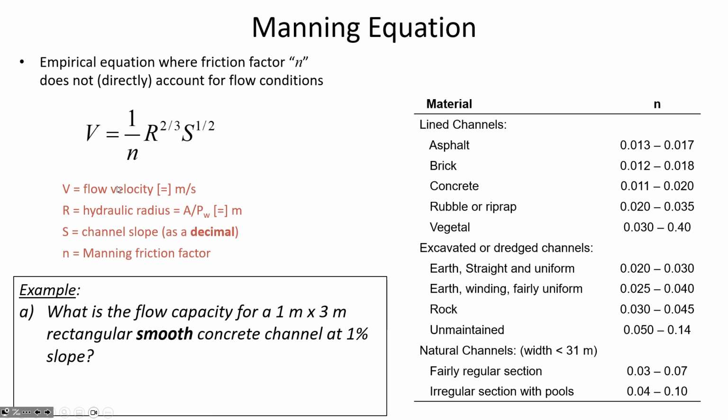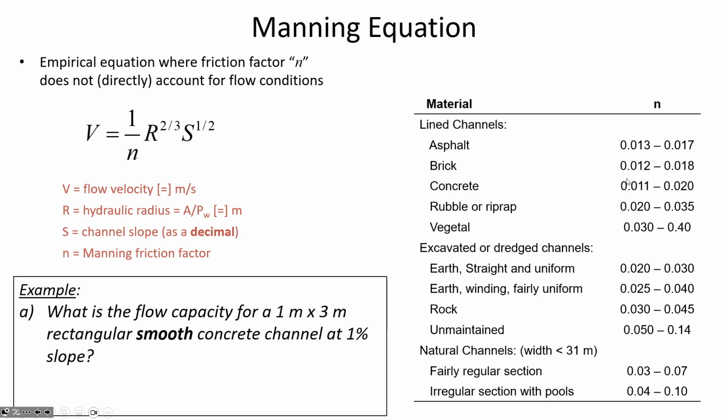And we want to know what would be the flow capacity of that channel. So capacity means cubic meters per second. It's basically saying, what is Q in this case if we've got a slope of 1%, so S naught is 0.01, and it's smooth concrete. So it would be on this low end. So the n value is 0.011.